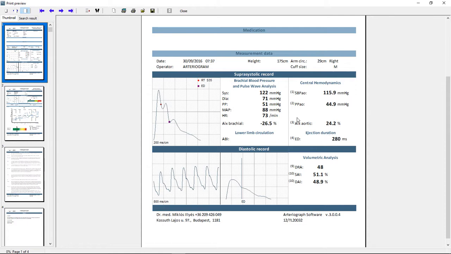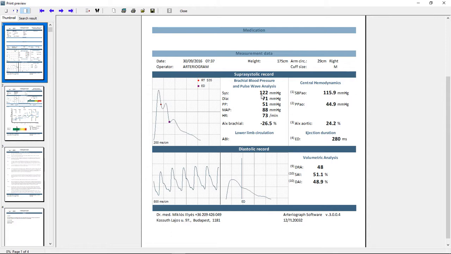Let's talk about the meaning of the different parameters. I think I don't have to explain what the brachial blood pressure means. However, it is very important to emphasize the difference between the central aortic blood pressure and the peripheral blood pressure, because the central aortic blood pressure is physiologically always lower than the brachial blood pressure.